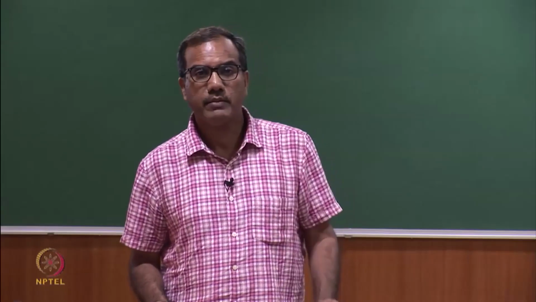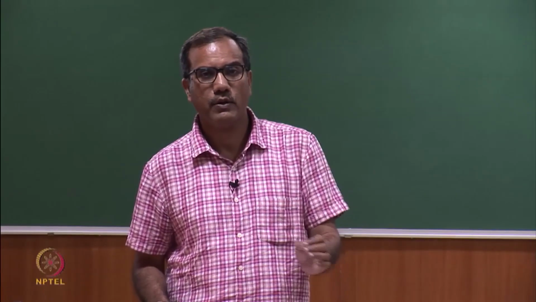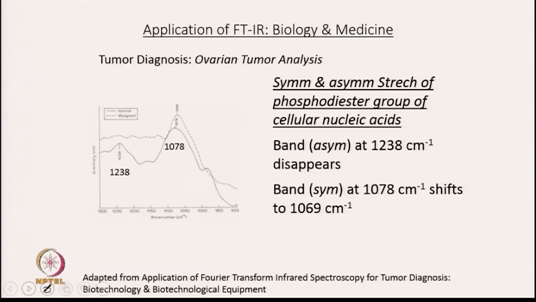The second case which we are going to discuss is about ovarian tumor. FTIR can also be used to diagnose ovarian tumor, and what you can look at is the symmetric and asymmetric stretching of the phosphodiester group of cellular nucleic acid.